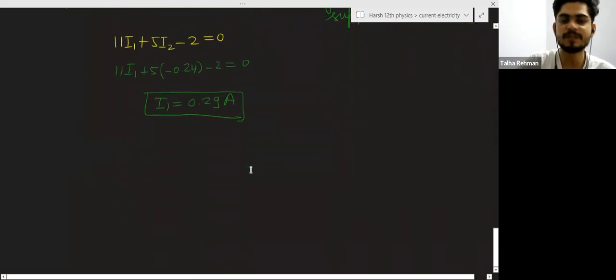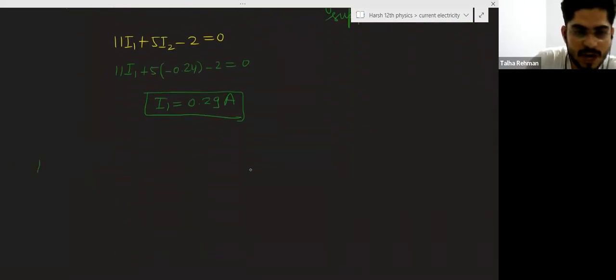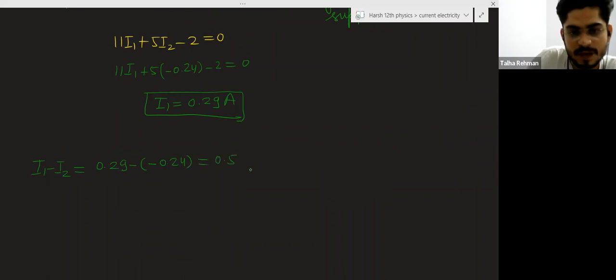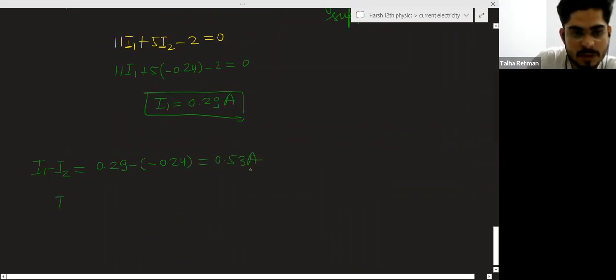One thing also I want to find: I1 minus I2. When you find I1 minus I2, this is 0.29 minus minus 0.24, and you will get 0.53 ampere. So I1 minus I2 is equal to 0.53 ampere.